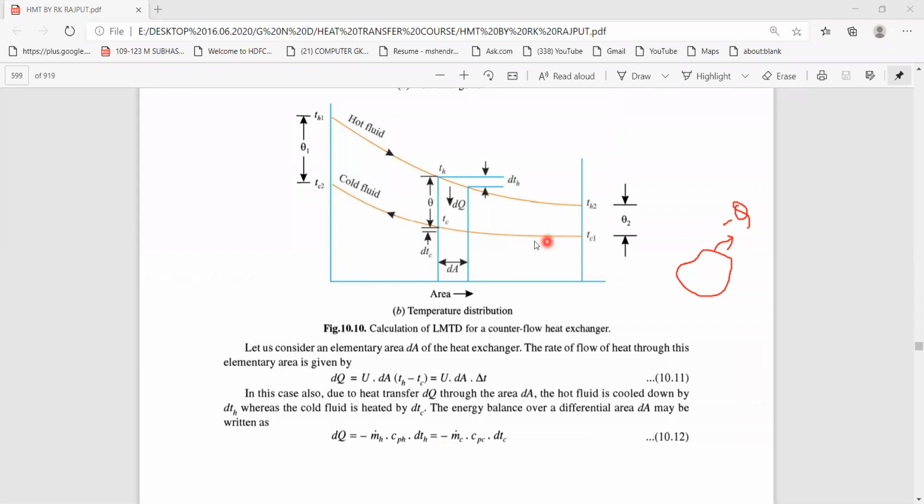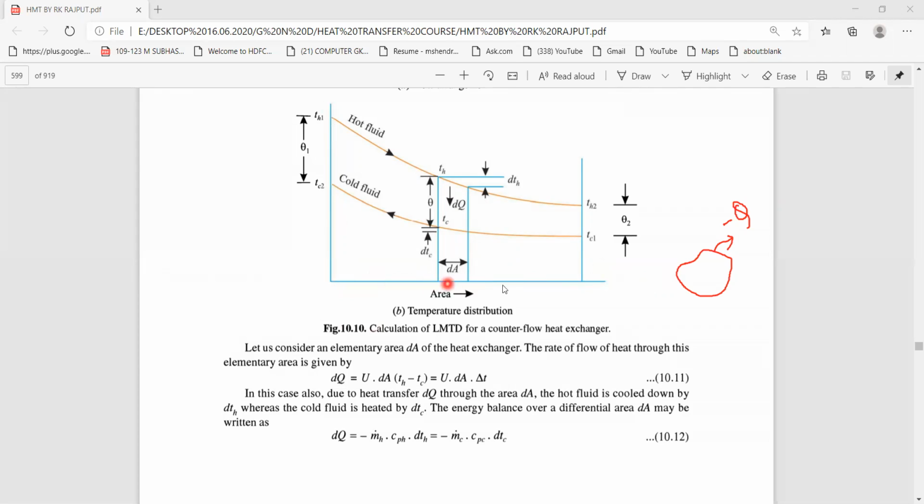This is the direction of flow of the cold fluid, but along the length of the tube, this is the positive axis and this is the negative axis. So we are considering the flow in this direction as the positive x-axis.